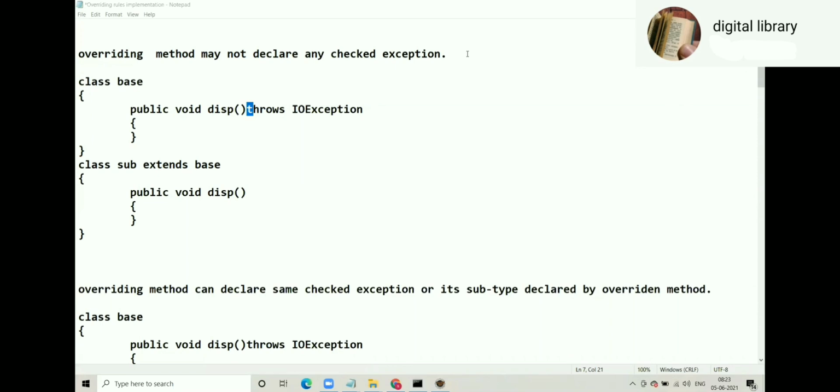Overriding method may not declare any checked exception. So that means even if overriding method does not declare any checked exception, compiler has no problem.